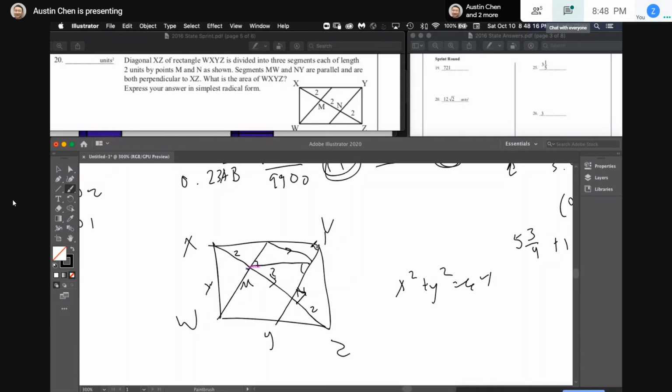We also know that these two angles are congruent.